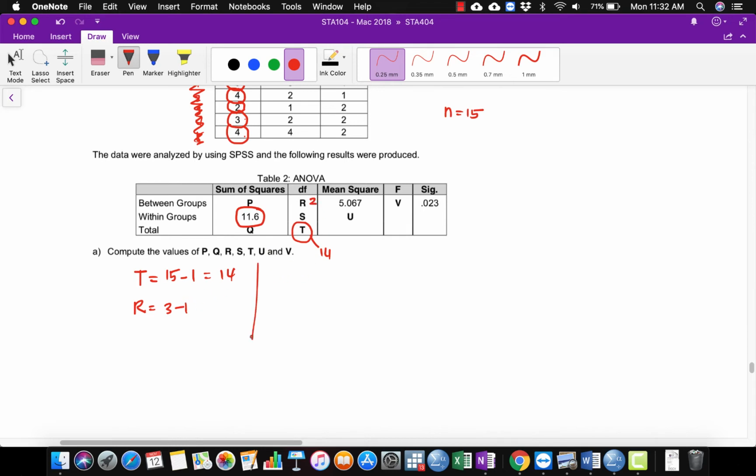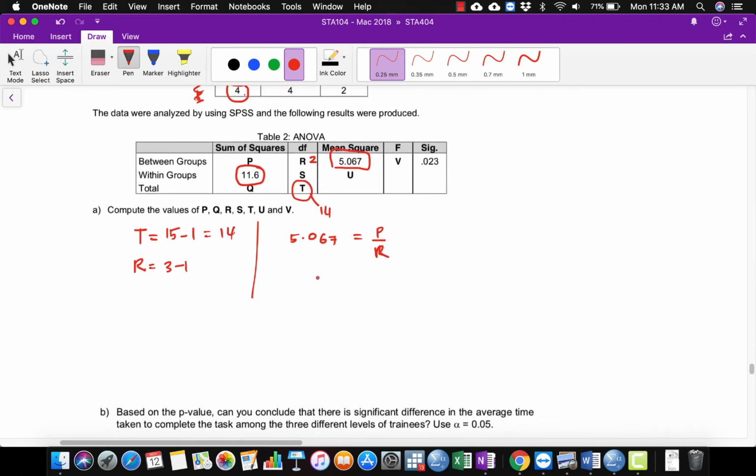So then we can calculate P. If you know the formula, the mean square for between group, 5.067, is obtained from P divided by R, right?